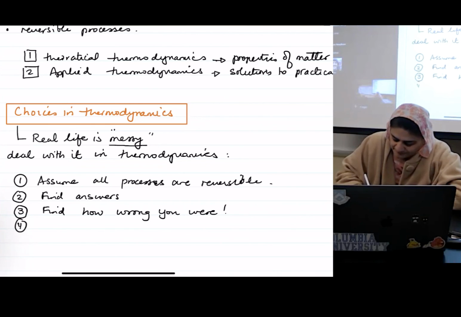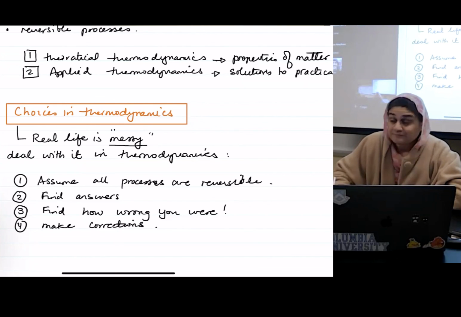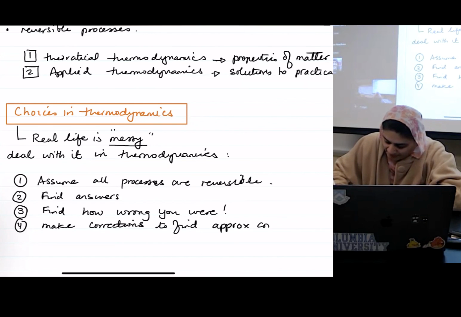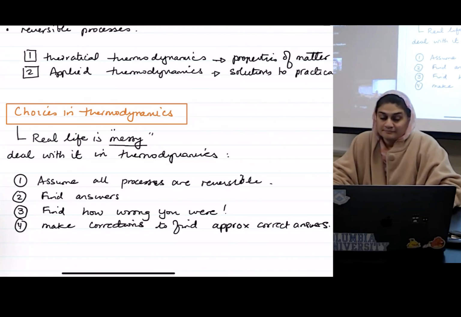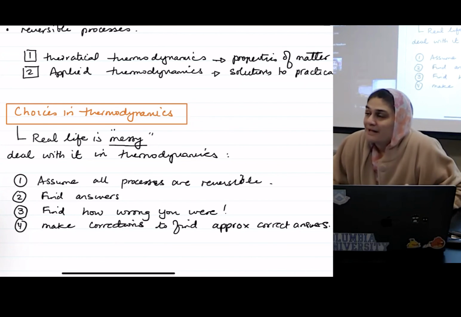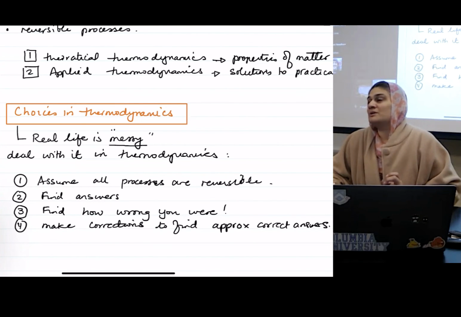And number four, make corrections, to find approximately correct answers. Good? That is how classical thermodynamics works. Nowadays, we don't do these corrections by hand. We do a lot of computation.